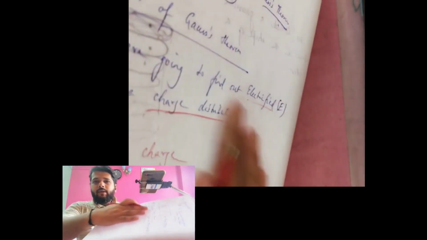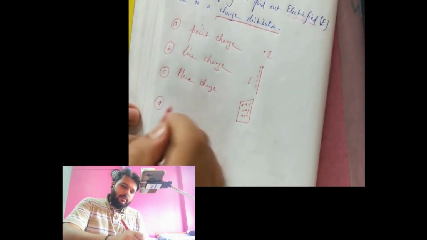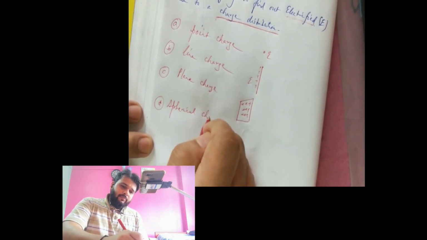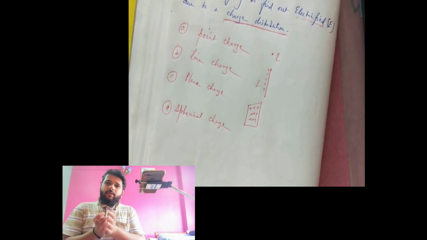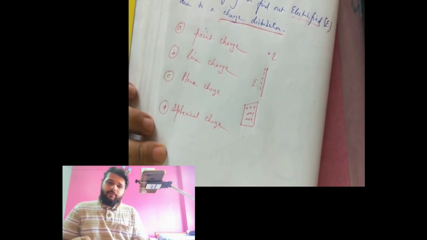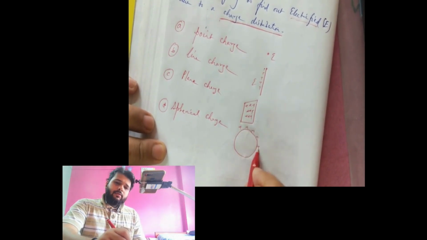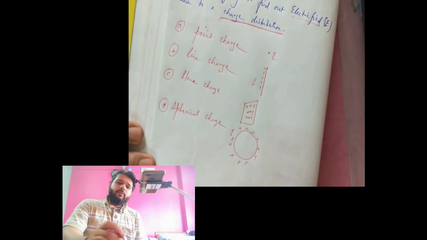If I charge this, this will be a plane charge, suppose I have charged it positively. Next, there will be a spherical charge. There will be some spherical ball, and I'll charge that sphere, I have charged this with Q.